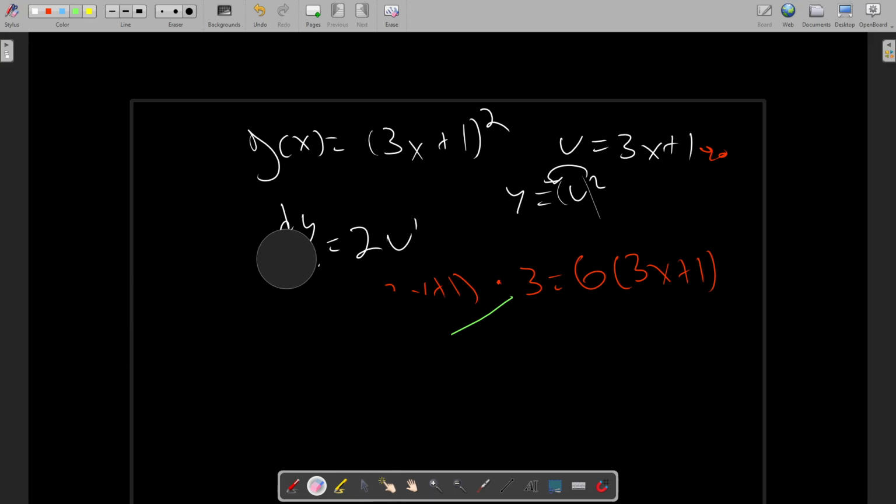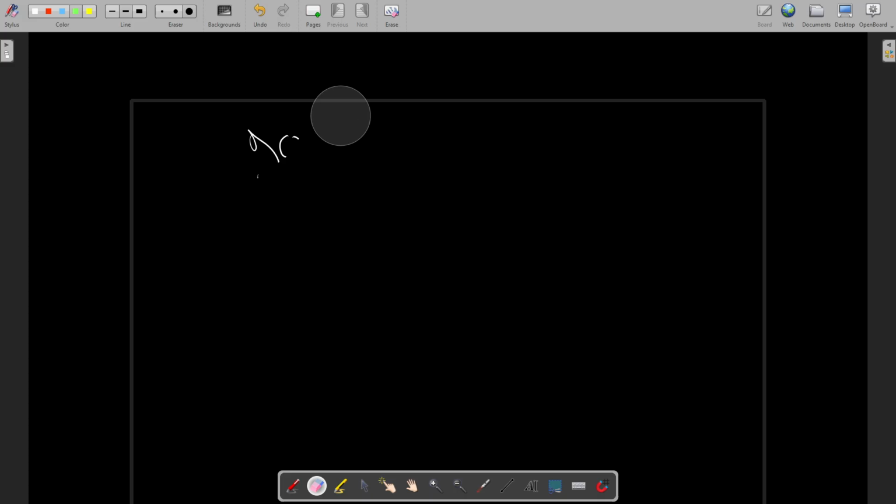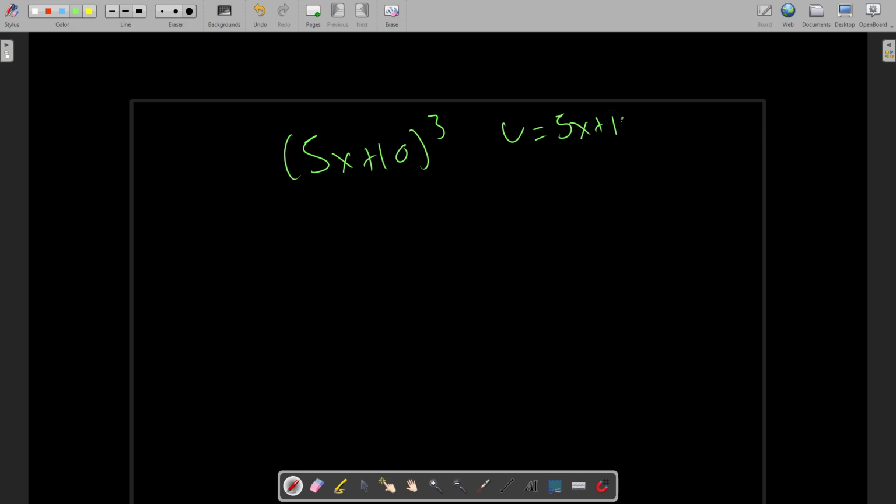So let's do one more example of this chain rule. Say we have something like 5x plus 10 cubed. Well, what do we do then? We'll first identify the inner function. So let's say our u is the inner function, which is 5x plus 10. And then the outer function will be u cubed.